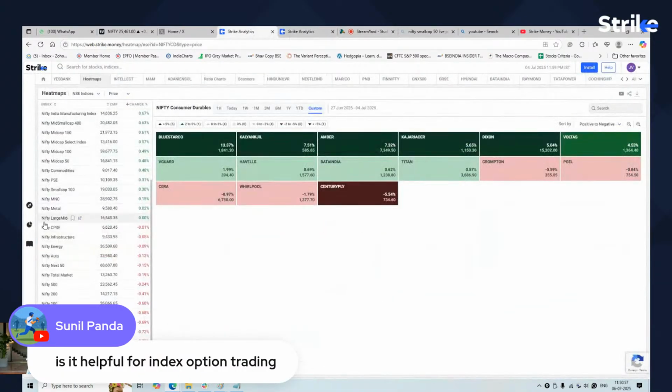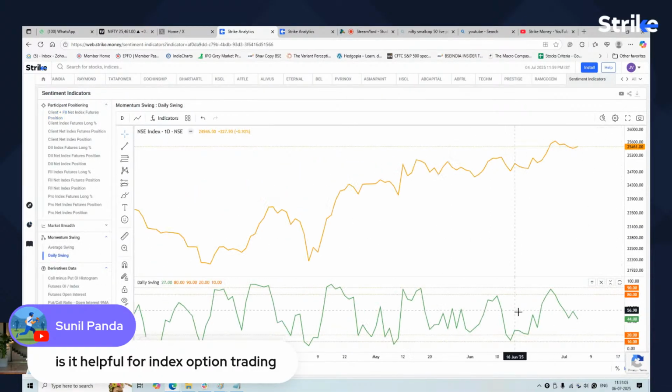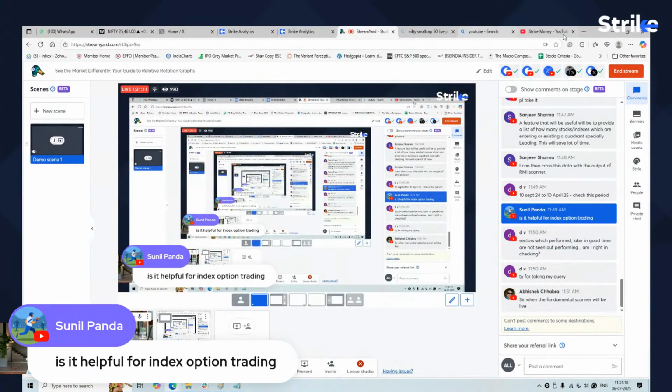For index options, the thing that would be very helpful is the daily swing indicator, which helps you find the short-term tops and bottoms. I think we have also put a video on that in detail, and we have done many shorter videos as well. You can check out our Twitter feed as well.